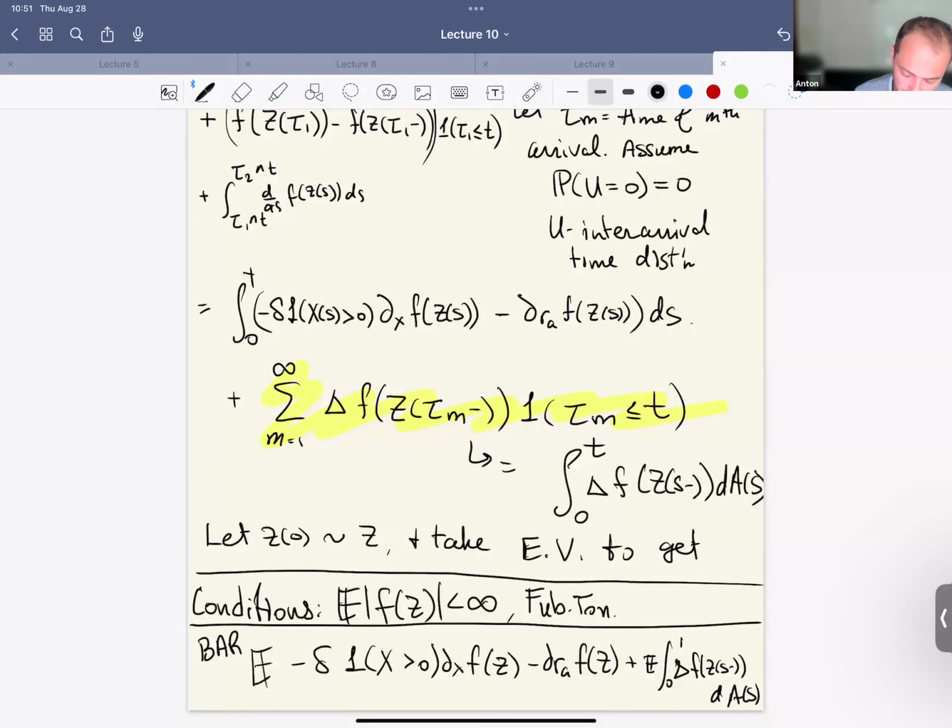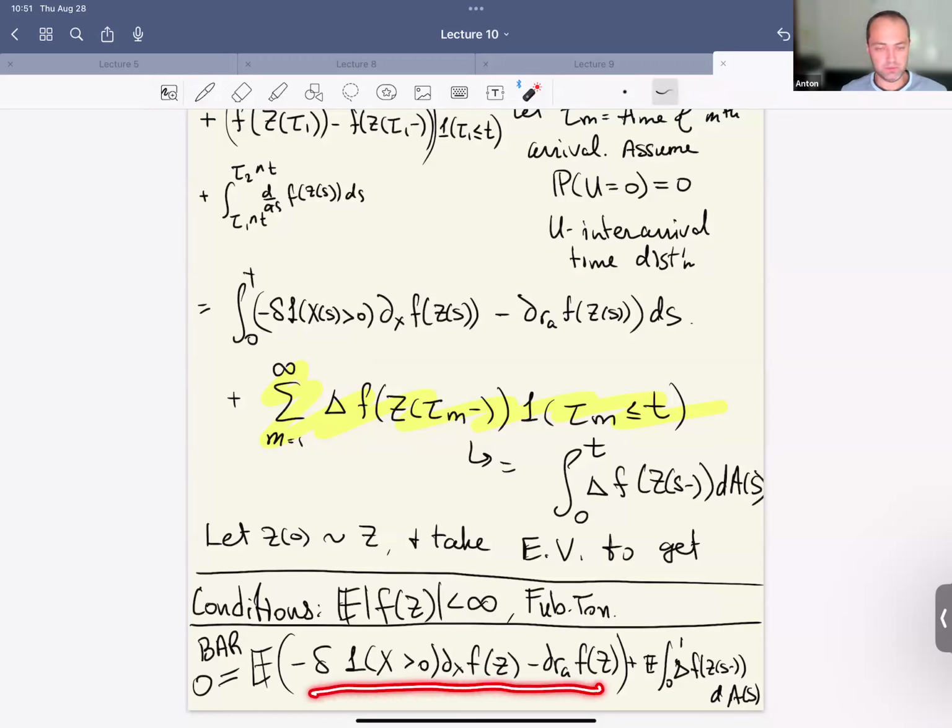And the whole expectation here equals 0. This is the BAR. So it has our infinitesimal generator bit plus a jump term.